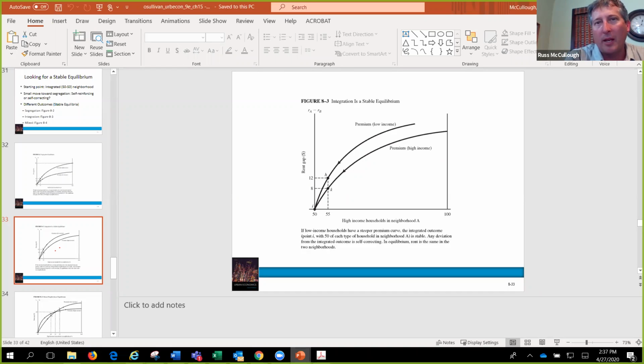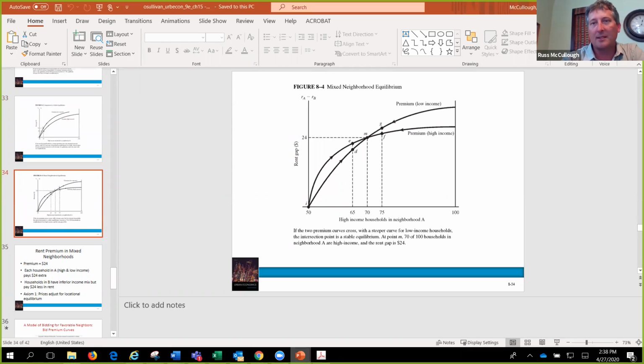So if we have the case where the low income people are the higher bidders, then if we move out here, there's going to be more low income people moving in, which is going to push the high income people out, which moves us to the integrated outcome of 50-50 being a stable outcome. And then one more, and I'll pause for questions on this one.